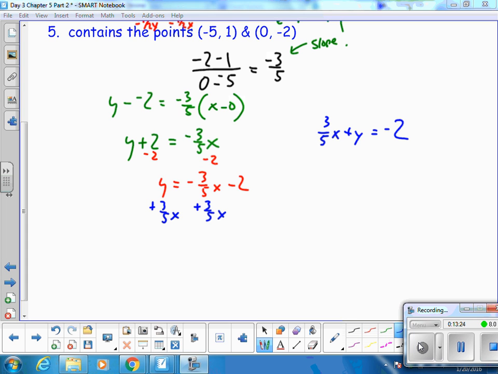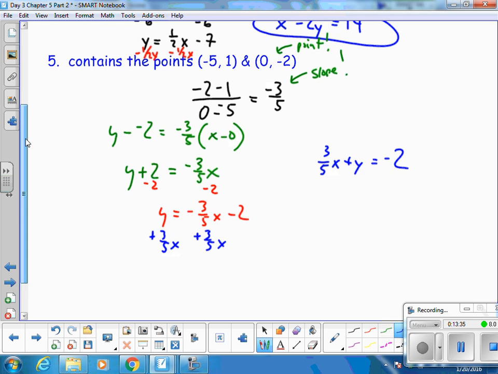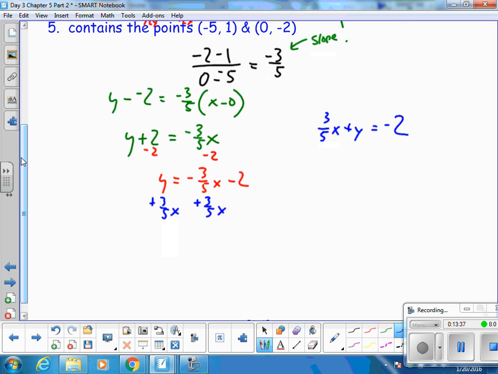All right, this is what I got so far. I found the slope by finding the ratio, rise over run. So I found my slope being negative 3/5. Because I knew a point and I knew a slope, I used point-slope form to get to my equation. I moved x and y over to the left side, so I have 3/5 x plus y equals negative 2.